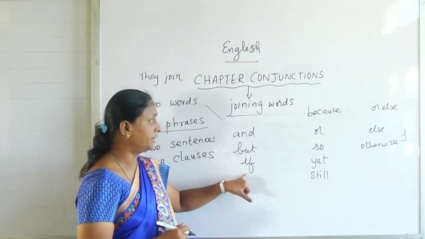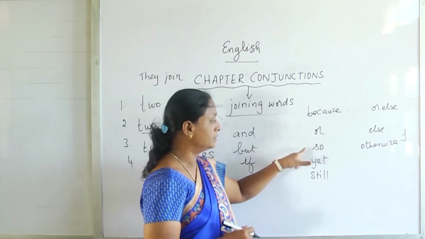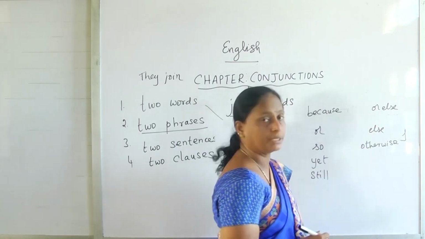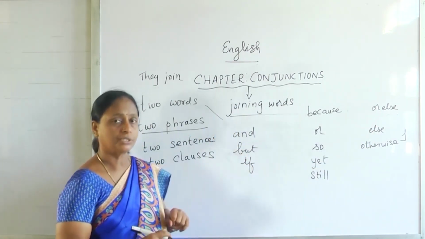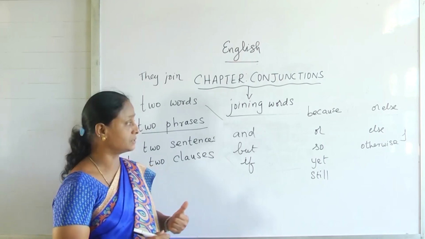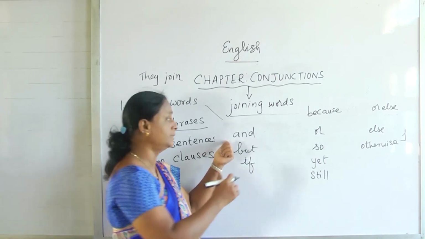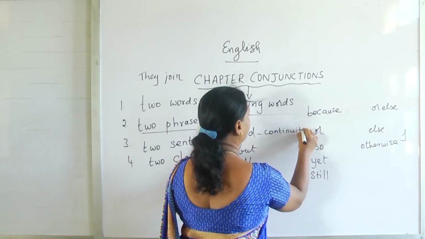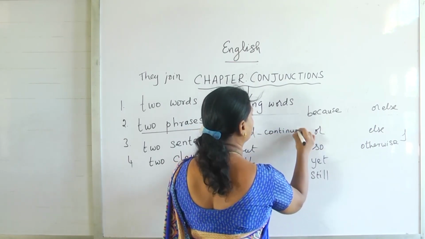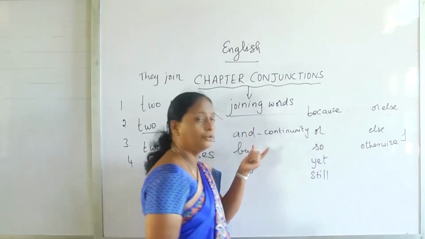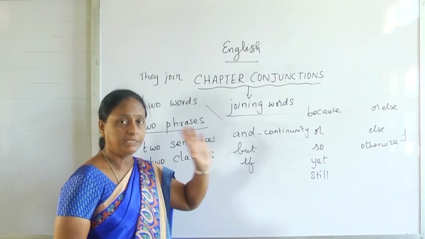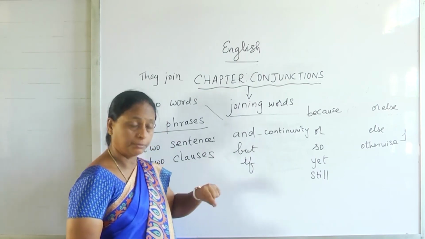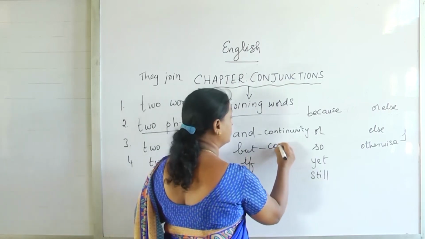And, but, if, because, so, yet, still, or else, otherwise. These are some of the conjunctions that you learn in your classes. "And" shows the continuity of your words, pen and pencil. So there is no negative sense. But when I come to "but", it gives a contrast meaning.